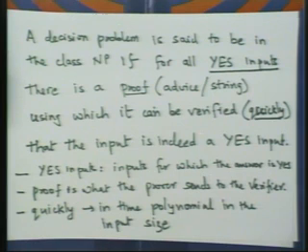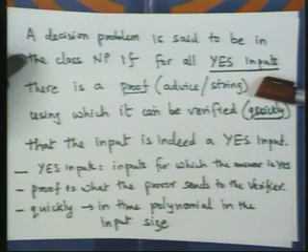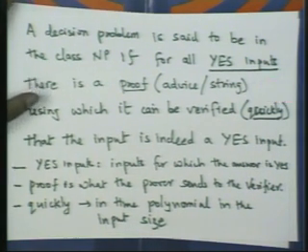So let's go over this definition again, since it's important. A decision problem is said to be in NP if for all yes inputs there is a proof, using which it can be verified that the input is indeed a yes input. Let's look at our previous example.